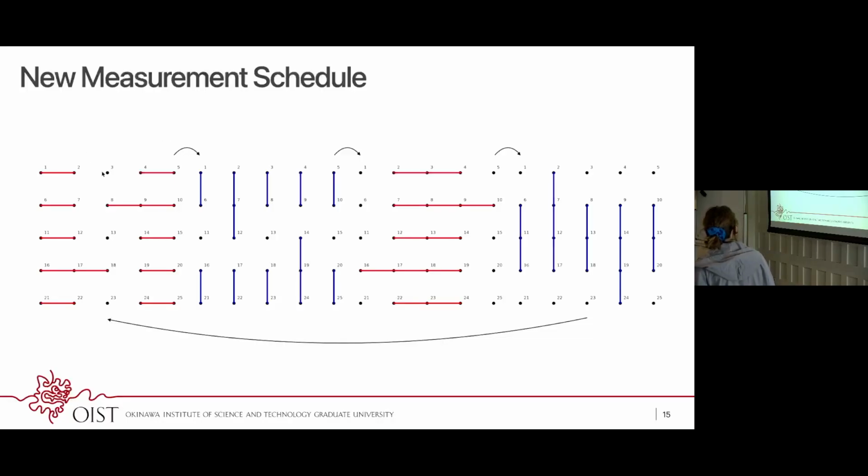Instead of measuring all the neighboring qubits, we only measure a selective subset of the pairs. For this reason, we need 4 time steps to finish a full measurement rather than the 2 time steps in the original Bacon-Shor code.